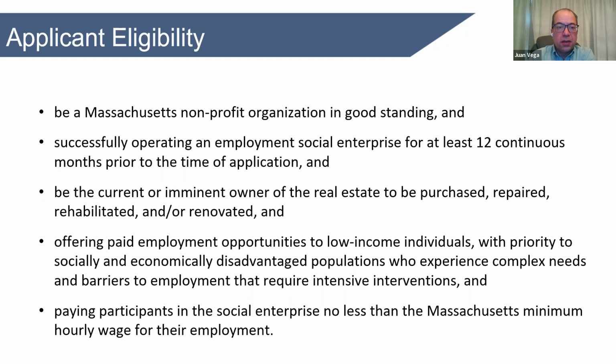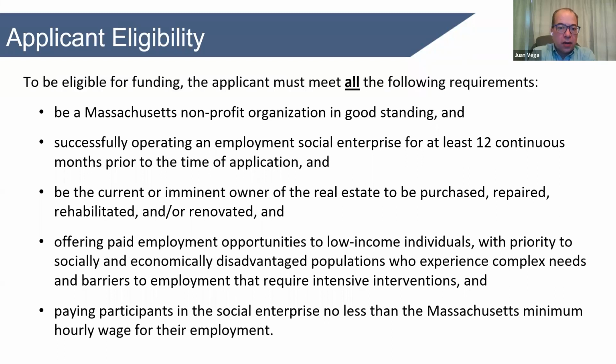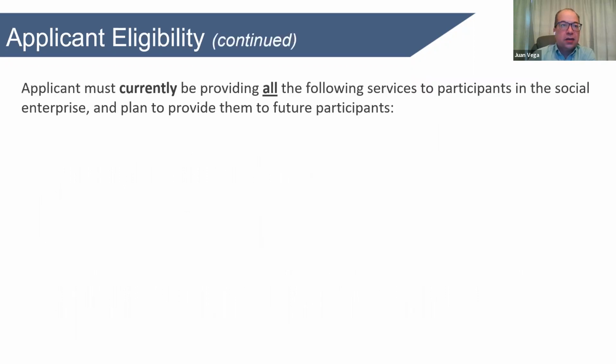Continuing with eligibility, on the next slide, we want to talk about the other eligibility requirements that applicants must meet. We do expect that the applicants have provided all the following services to the participants.